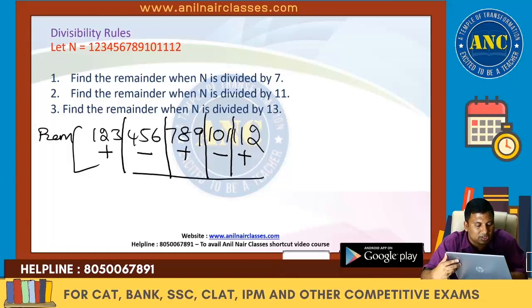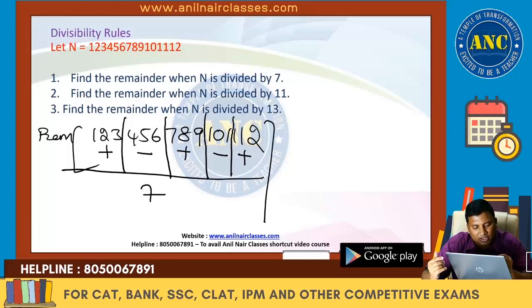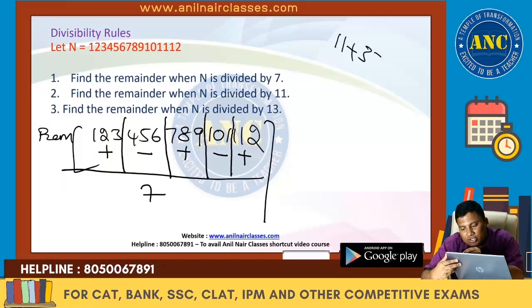If I do plus minus, 102 minus 1, 1 is 11, plus 789 minus 146, which is nothing but 333. 456 plus 333 is 789, plus 333, plus 123.